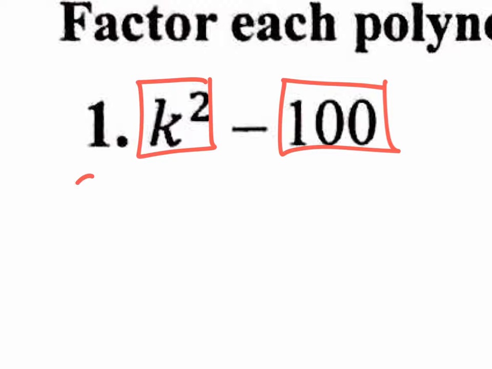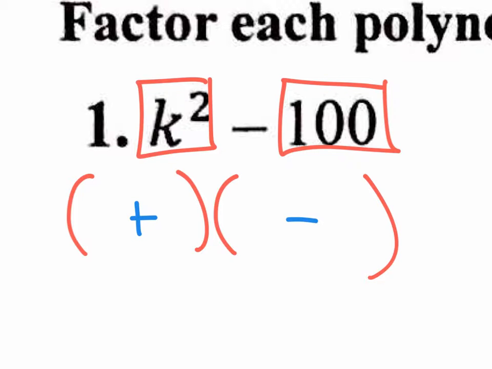Now, what do I mean by answer format? Remember, factoring, you want the parentheses, right? Okay. And since there is no middle term, usually we have a quadratic trinomial. Right here, since there is no middle term, we know that one sign has to be plus and the other one has to be minus. Okay? So what we're going to do in our heads is take the square root of k squared.